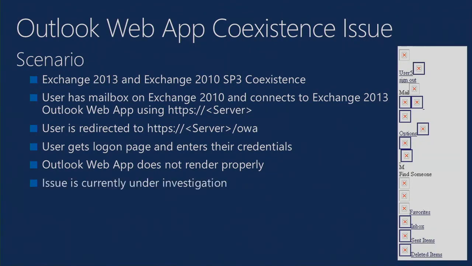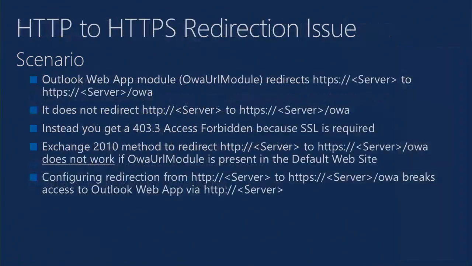And then the very last thing I wanted to mention was this scenario here. Again, a basic HTTP to HTTPS redirection issue. That OWA URL module that we used to have in Exchange 2010 doesn't work for redirecting from HTTP to HTTPS. So that is also something that is under investigation. If you happen to be running into either of those two issues, I wouldn't mind hearing from you in email about that as well as part of our investigation.